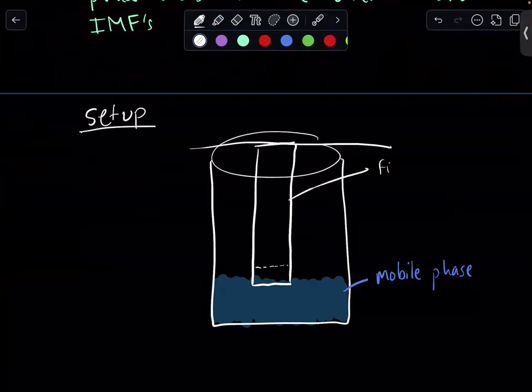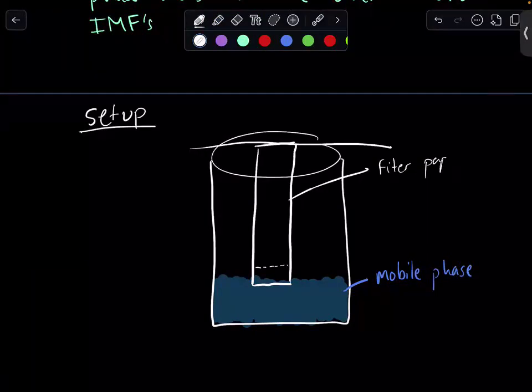The filter paper is what we refer to as our stationary phase. It doesn't move. This is where the names come from. So it's stationary because this paper stays in the same place the whole time and the liquid will move up the paper. Then we have our mixture. Oops, I want to do that with a highlighter.